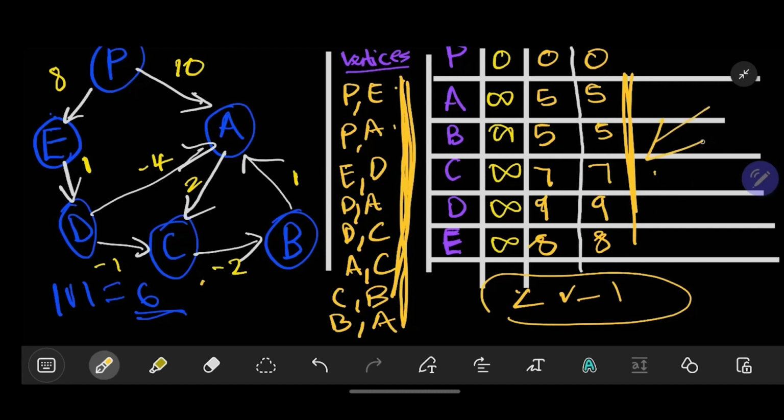When you iterate again, you're getting the same values as the previous iteration. So we were actually able to find and iterate through this graph using Bellman-Ford's algorithm extremely quickly, and we were able to find this value out by the first and second iteration. So this is basically how you go ahead and use Bellman-Ford's algorithm.